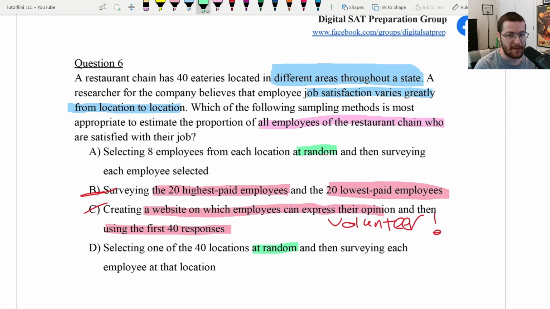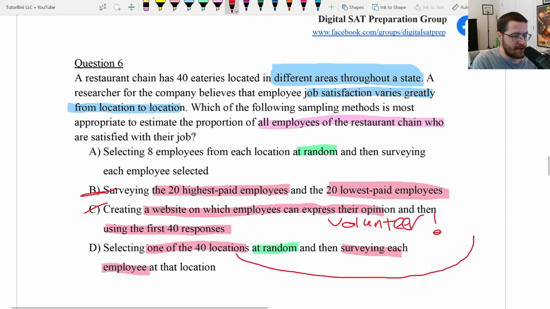Both of them seem kind of convincing, right? But you'll notice there's a big issue with D, and that is that it says selecting one of the 40 locations and then surveying all the employees at the location. So you're not going to get any of the employees from all these different areas that the researcher is concerned about, right?